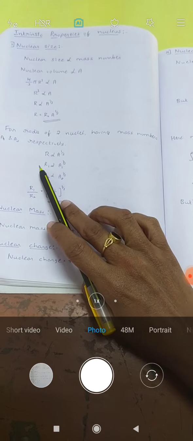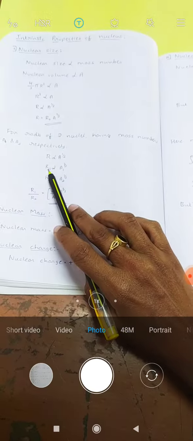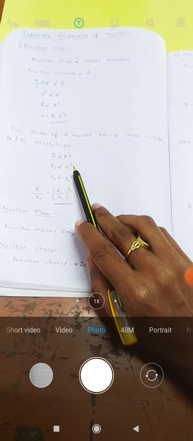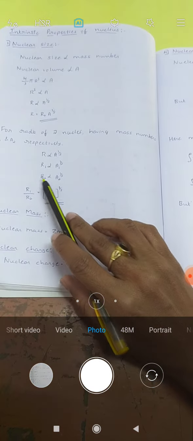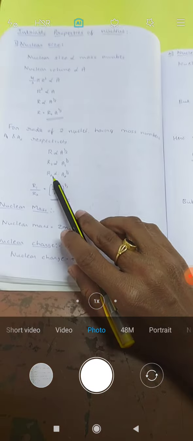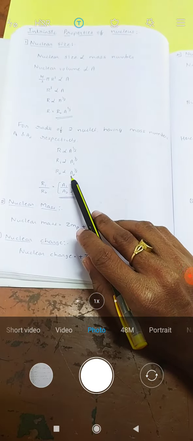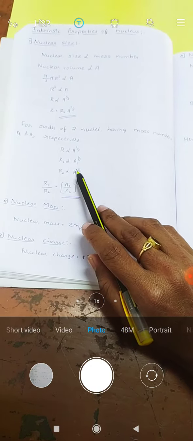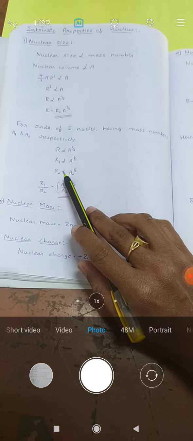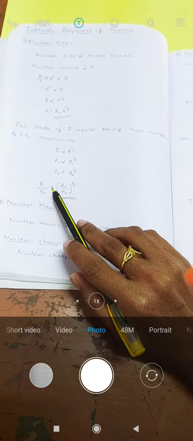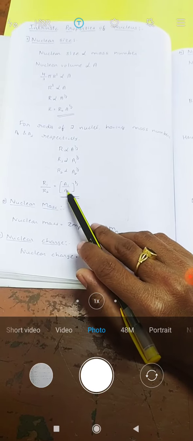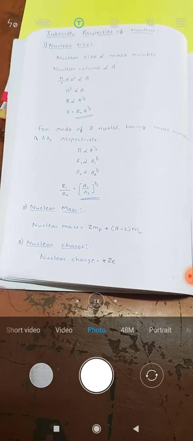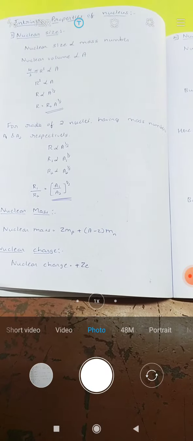So r1 is proportional to A1 to the power of 1/3, and r2 is proportional to A2 to the power of 1/3. Taking the ratio of the radii, r1 divided by r2 is equal to (A1 divided by A2) to the power of 1/3. This is the ratio of the radii of two different nuclei.